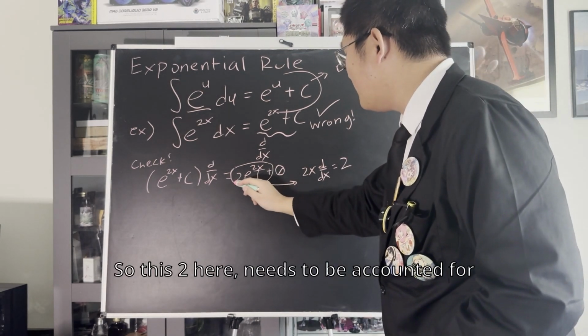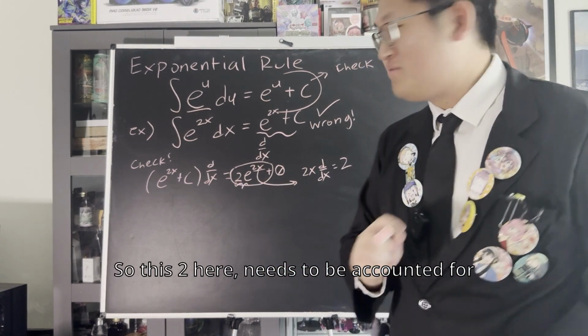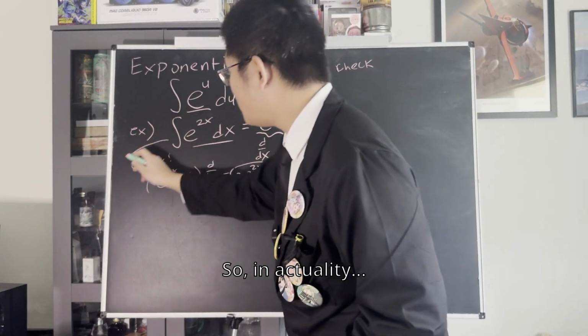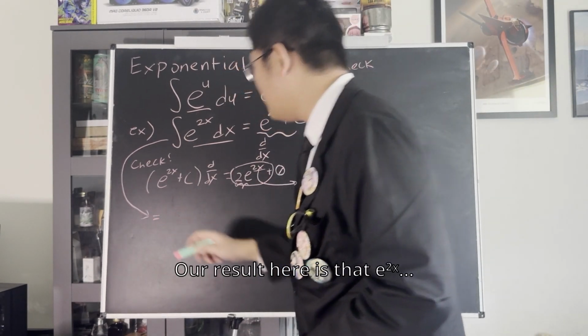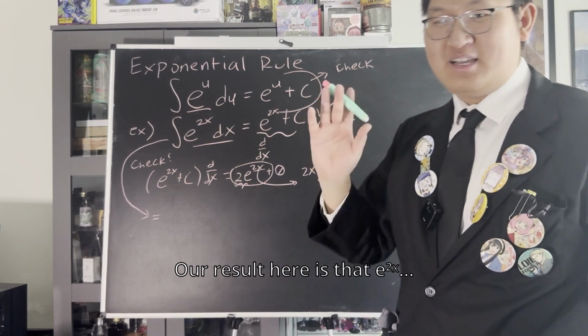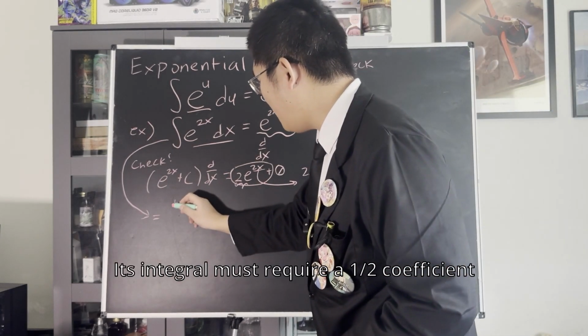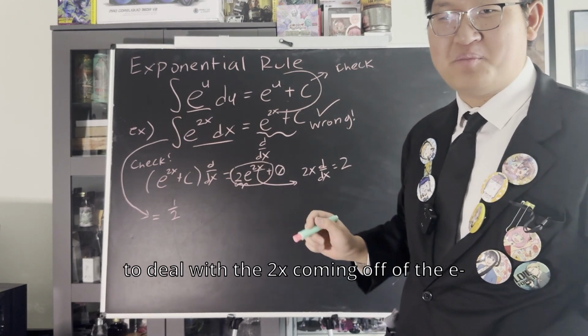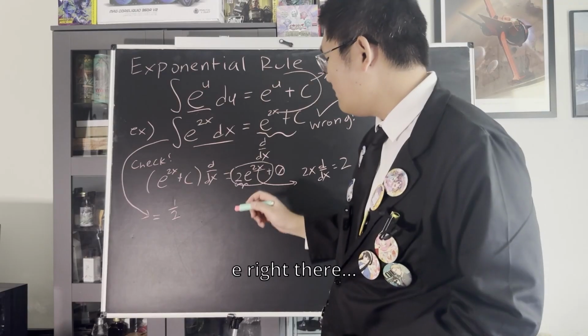So this 2 here needs to be accounted for when dealing with this problem. So in actuality, our result here is that e to the 2x, its integral, must require a 1/2 coefficient to deal with the 2x coming off of the e right there.